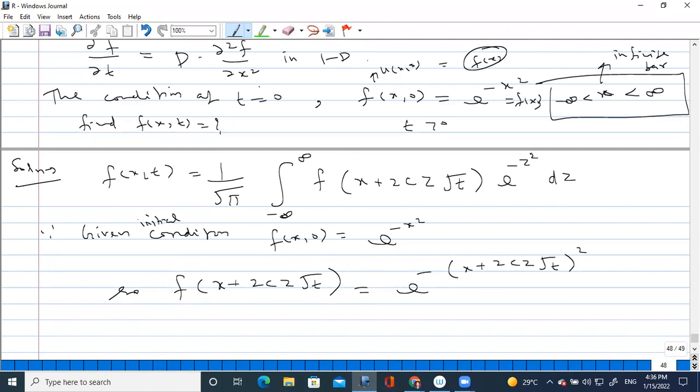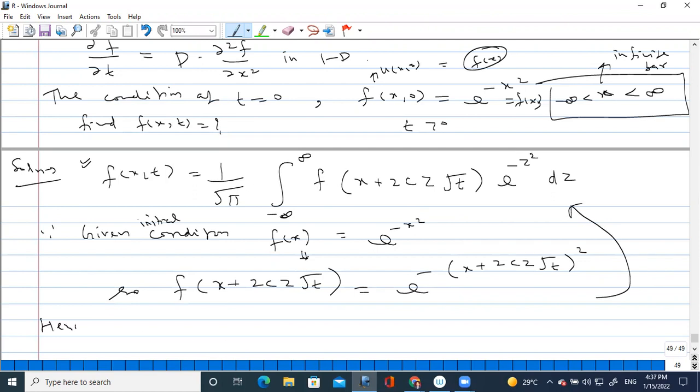By the given condition, you can say my fx is e to the power minus x square. So by analogy, whatever is inside this, because you are ultimately finding fxt, so t should be there. So this complete function will go as per this. Understood? So there fx plus 2cz under root t will be e to the power minus x plus 2cz under root t whole square. So this term I have to keep here.